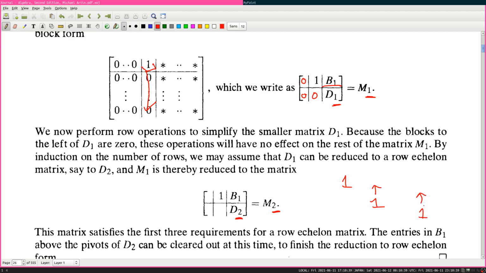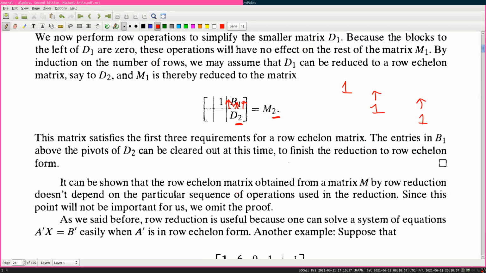Well, we can use more row operations to eliminate those. So we eliminate above in B1 to make B1 into a bunch of zeros, to finish the reduction to row echelon form.